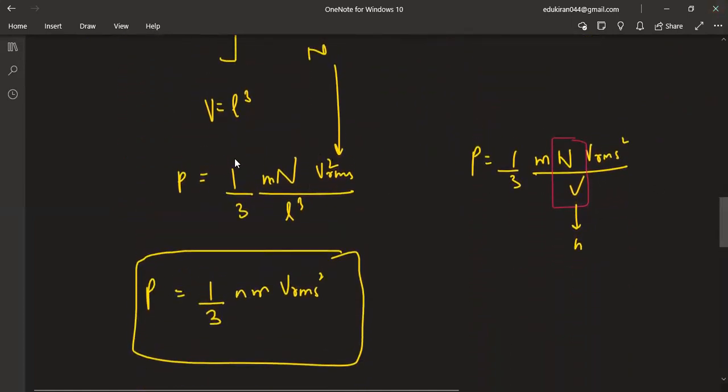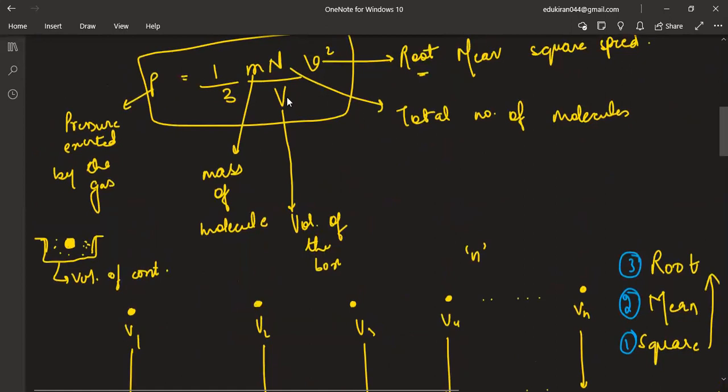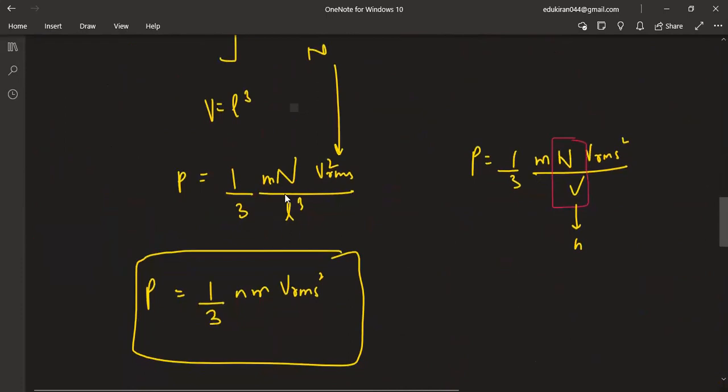Now, one more thing, class. Volume can be written as L cube if it is specified, because sometimes in the question length is given and pressure exerted is asked from kinetic theory. So for length you can directly put V as L cube. This becomes the formula for pressure, P is equal to 1 by 3 N by V. Sometimes small n is used.